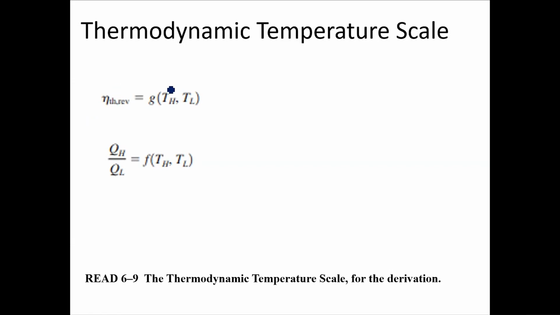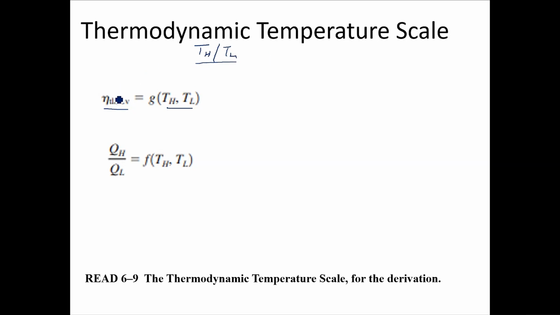It's Clausius's second principle. It says that the efficiency of a reversible heat engine is dependent upon a function of TH and TL. Since whatever TH and TL, if these two are constant, whatever reversible heat engine you have, the efficiency would remain the same.